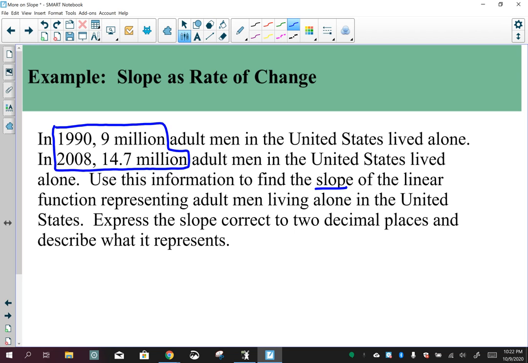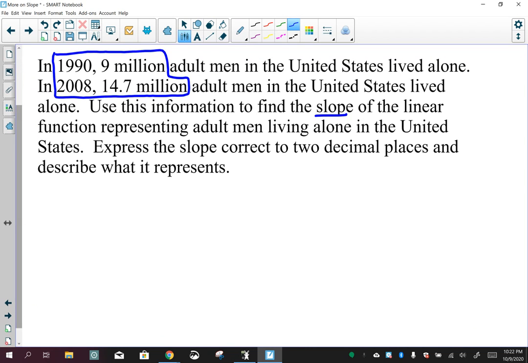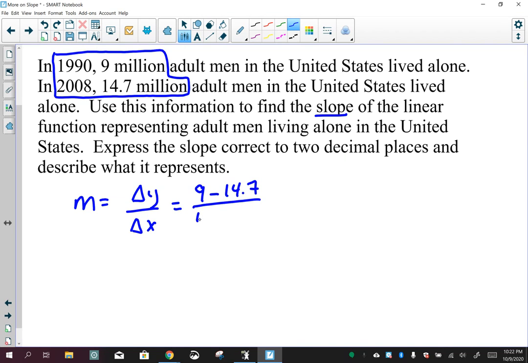Now we have to remember that our slope is our change in y over our change in x. So we have 9 minus 14.7 over 1990 minus 2008.